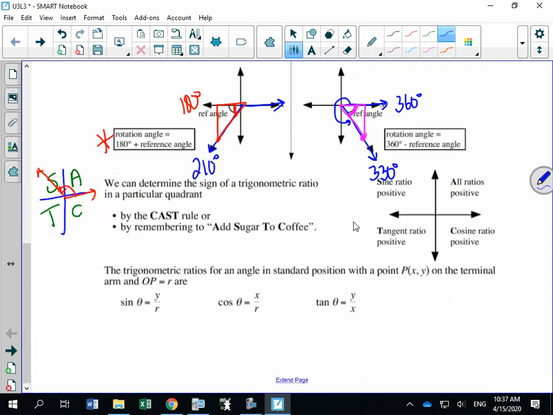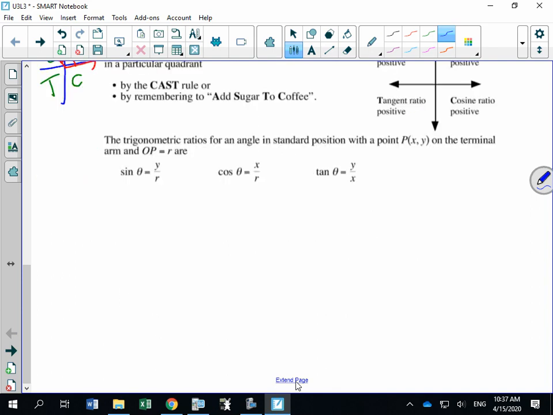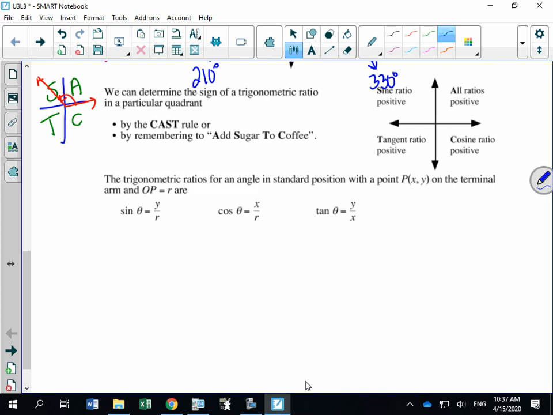And then the last important piece of information from lesson 2 were the 3 primary trig ratios, and we no longer use SOHCAHTOA anymore. What you are to memorize is that the sine of theta, because remember that now we could draw triangles in quadrant 1. This is x, this is y, and that's my radius. So if I said, well, what's the trig ratio for the sine of theta?